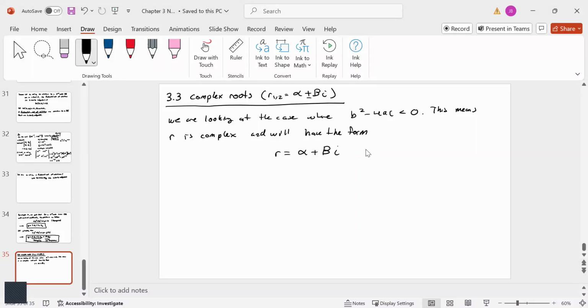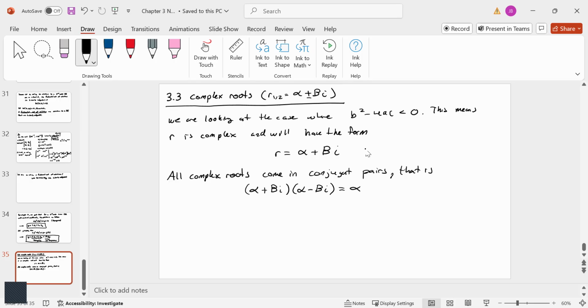Now, what's interesting about complex numbers, or specifically complex roots, is that all complex roots come in conjugate pairs. That is, they always come with two, and they have a special property, and that is if you multiply them together, so alpha plus bi times alpha minus bi, they will always cancel out the imaginary component.